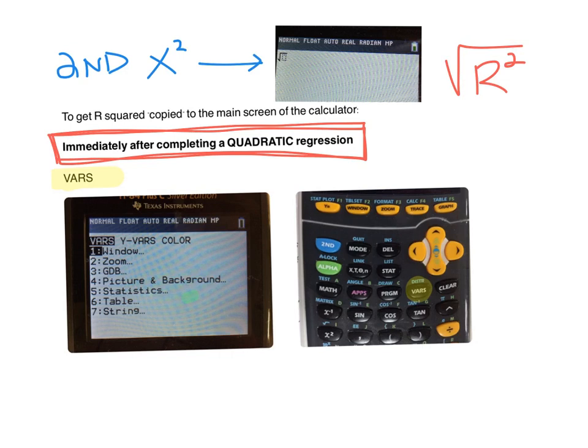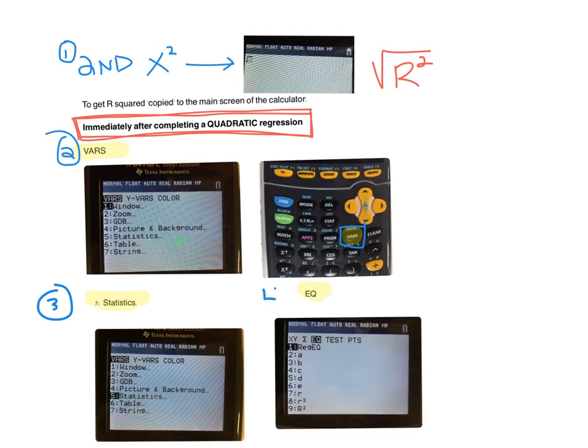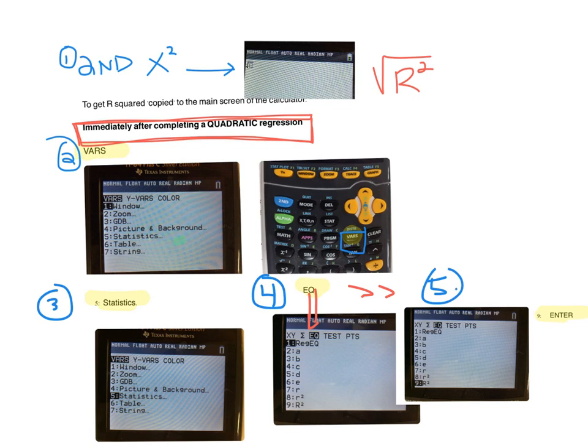After you press second and then x squared to get the radical symbol, you're going to press the vars button, the variables button on your calculator. Choose option 5 for statistics. Move the cursor to the right twice for equation, and then go down to option 9 for R squared.